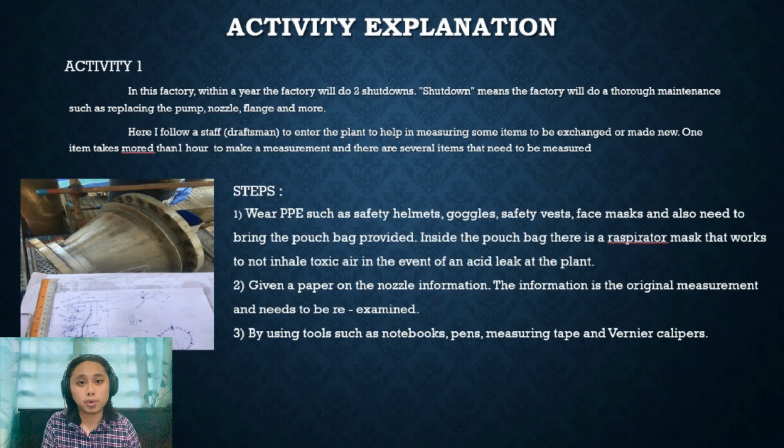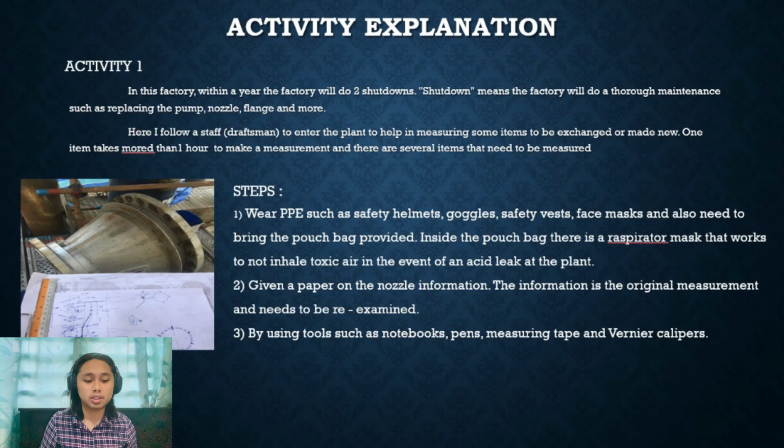So this is the step I will tell one by one. Step 1: you need to wear PPE such as safety helmet, goggles, safety vest, face mask, and also bring the pouch bag. Inside the pouch bag is a respirator mask to avoid inhaling toxic air in case of an acid leak at the plant.